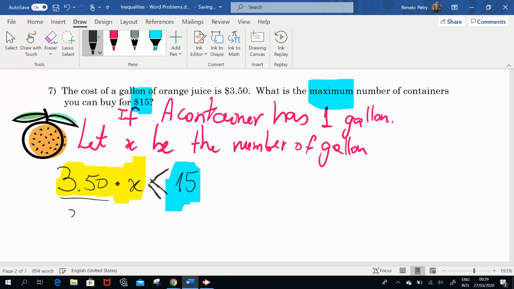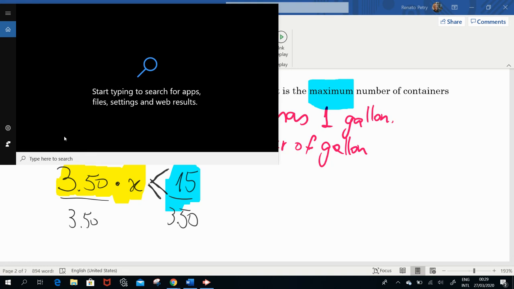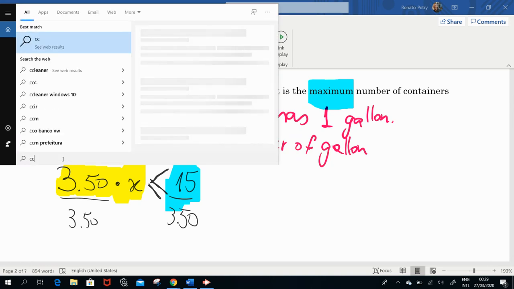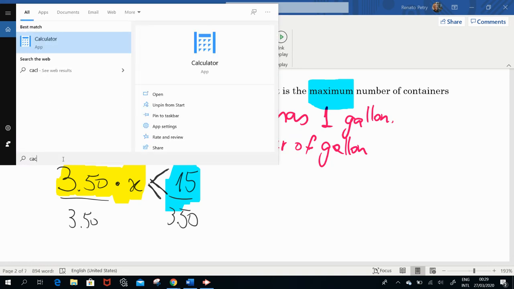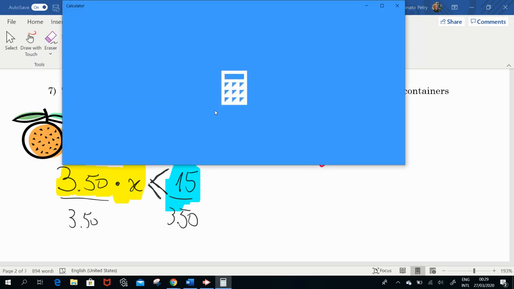I just have to divide by 3.50. And then, of course, I can go to my calculator. If you don't have a calculator, you can use the one on your computer. So 15 divided by 3.5.